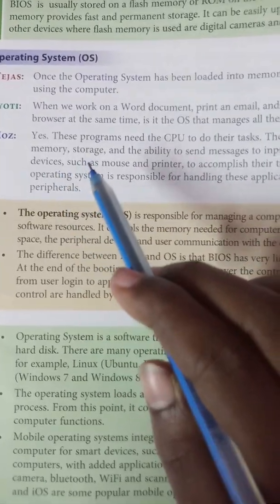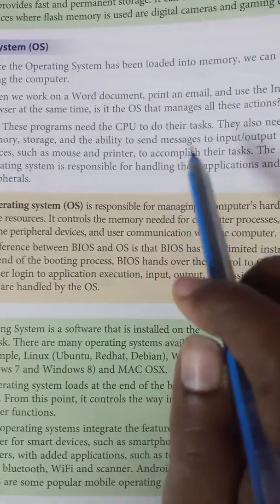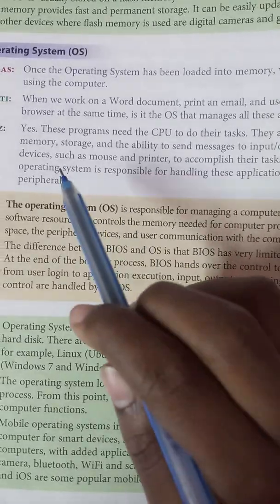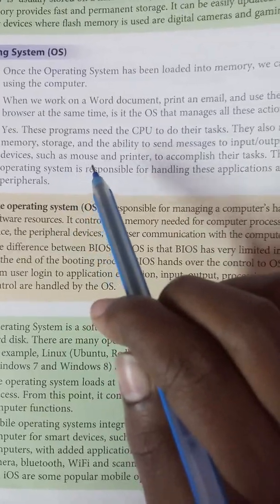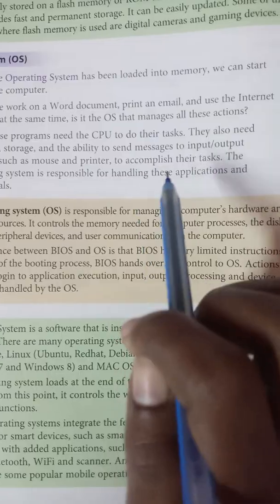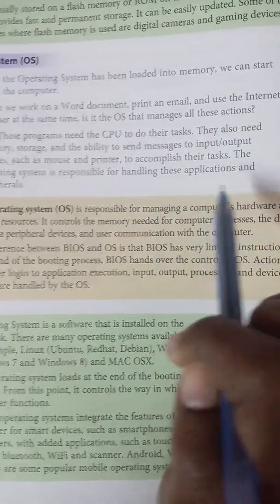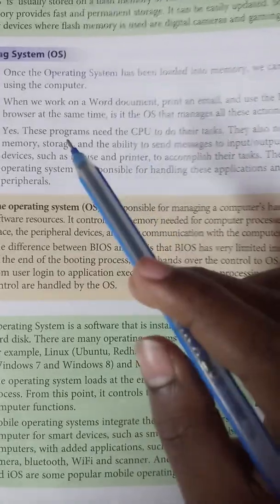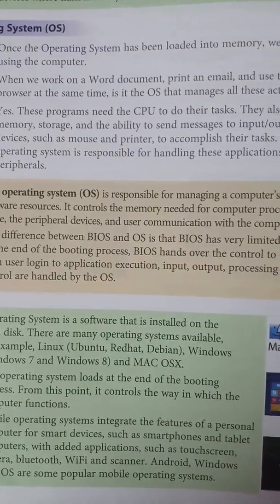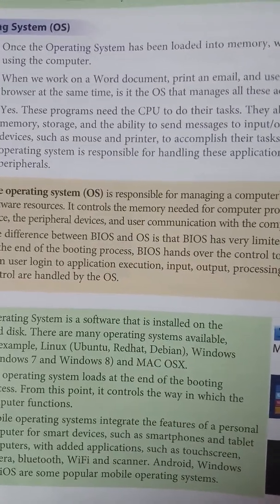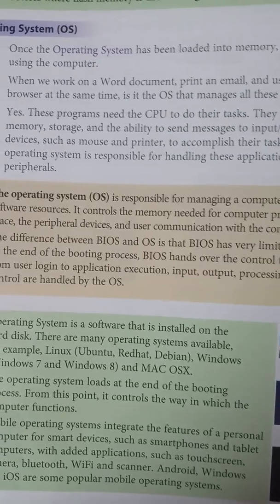They also need memory, storage and the ability to send messages to input-output devices such as mouse and printer to accomplish their tasks. The operating system is responsible for handling these applications and peripherals. The process is done in the CPU because it is a processor and the brain of the computer.